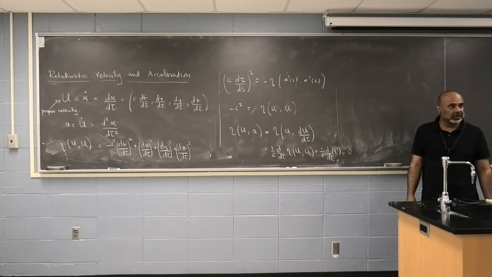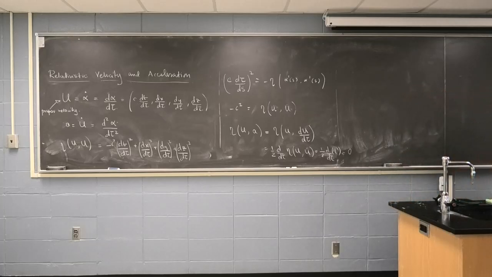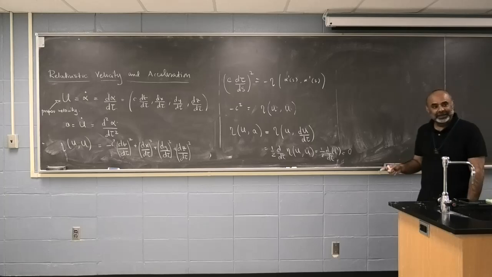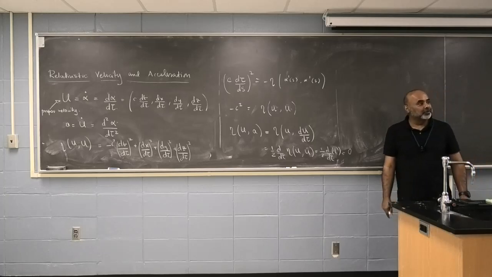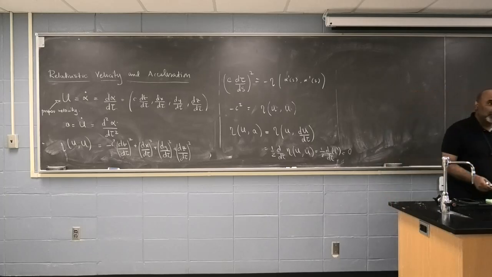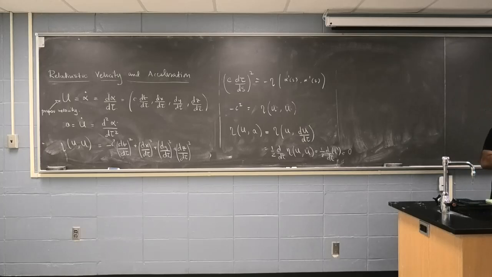I mean, c squared is 3 times 10 to the 8 squared. Taking the derivative of that, what do I get? 0. So look at this. Acceleration, the proper acceleration is orthogonal to proper velocity.